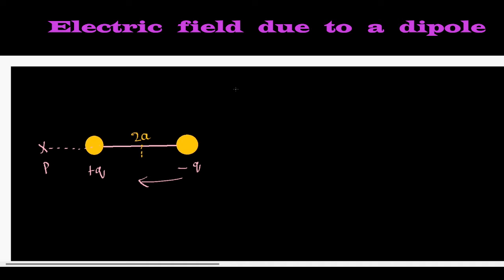So if we write the electric field due to plus q, let us denote it as E plus q, it is equal to 1 by 4 pi epsilon 0 q divided by the distance. Okay, so what is the distance? The distance from the midpoint of the dipole, or the center of the dipole, to plus q is a.